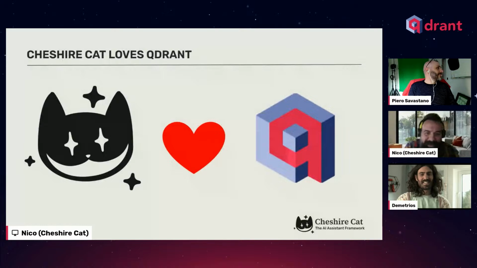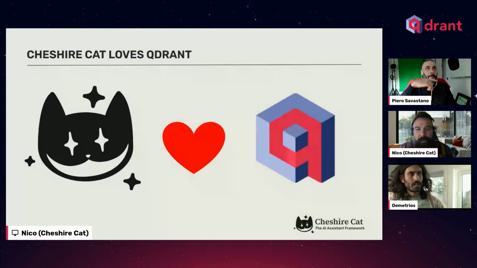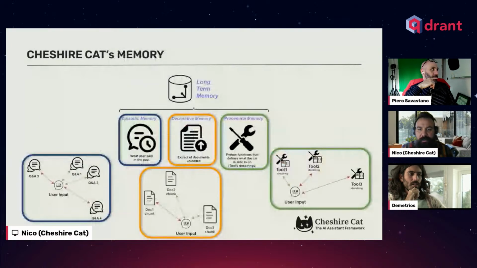Okay, Qdrant is the vector DB of the Cheshire Cat, and now I will try to explore the features that we use on Cheshire Cat. The first slide explains the cat's memory, because Qdrant is our memory.